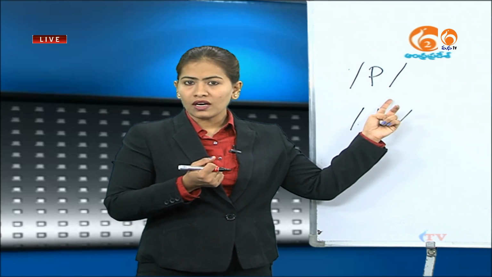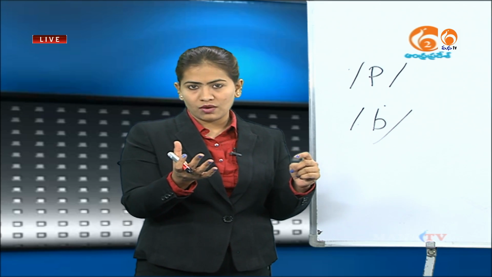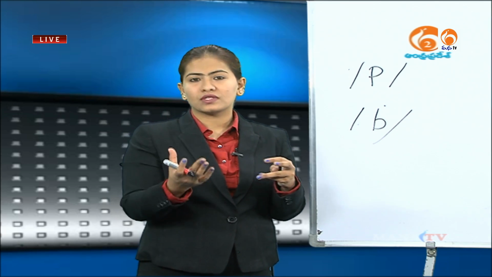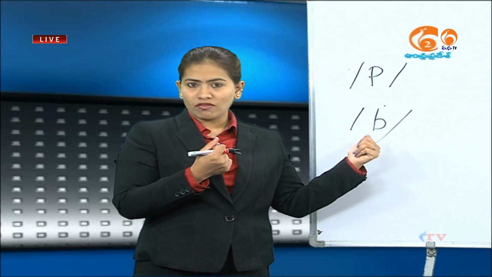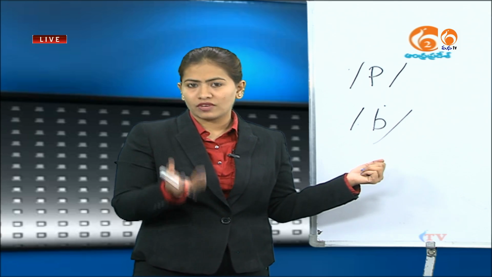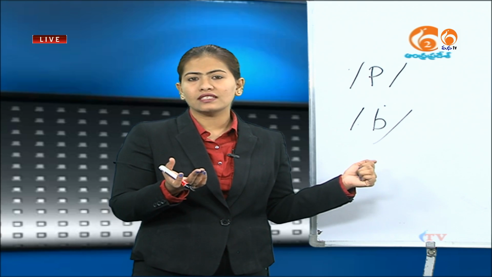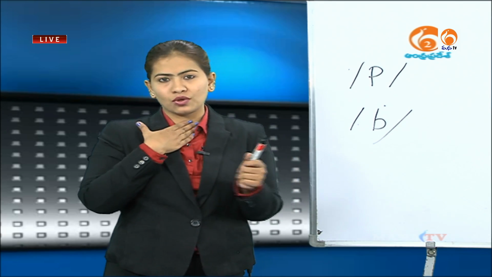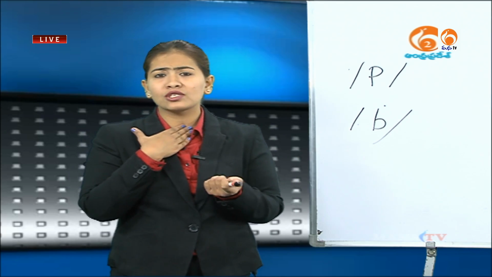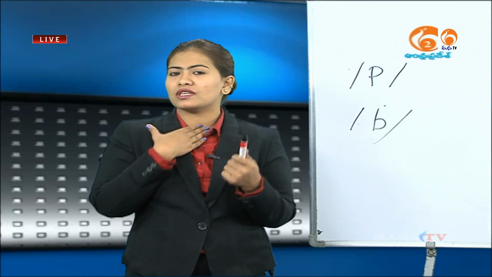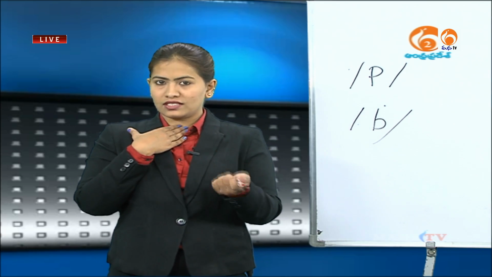In p, there is just a release of air, and it doesn't obstruct much while we produce this sound. In the case of b, the obstruction is heavy because of the heavy vibration that we sense. To give you a little hint again, you're supposed to place your hand on your throat to understand if it is partial or complete obstruction of air, because each time you sense a heavy vibration, it's a complete obstruction.